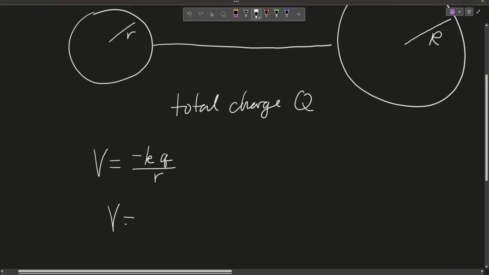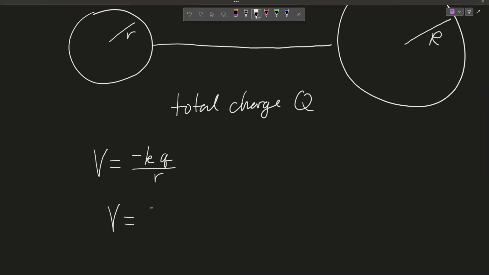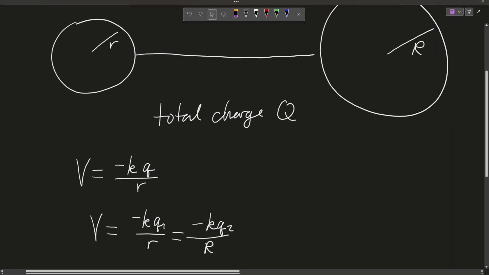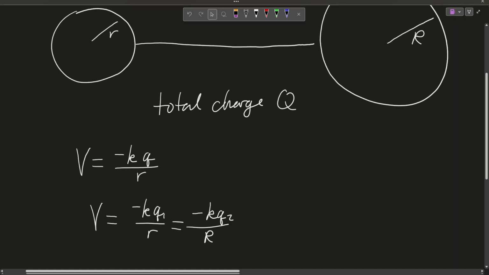So for the first sphere, it's kq1 over r. And for the second sphere, it's kq2 over big R. And these must be equal because, as we just discussed, voltage must be equal within one continuous conductor.